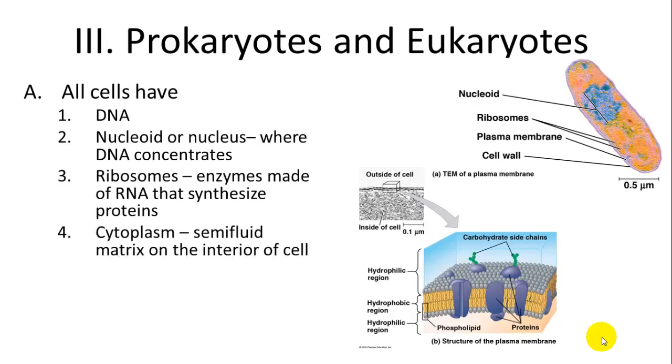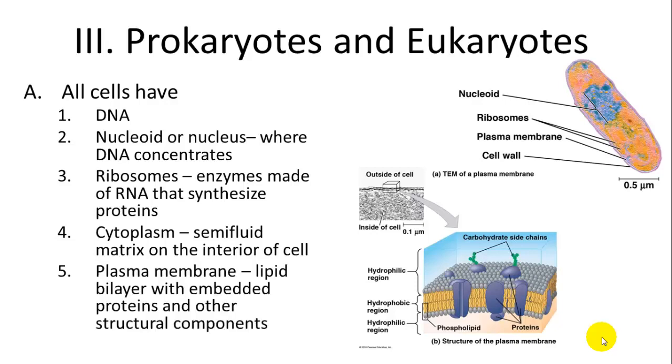And a cytoplasm. So this is a solution of the necessary compounds and minerals and macromolecules that are needed for life. And it's on the interior of the cell. And lastly, a plasma membrane, so something holding it all together.